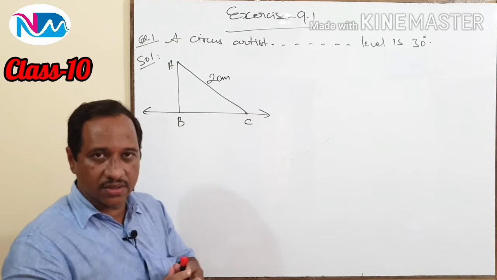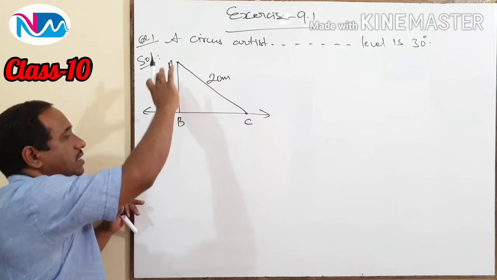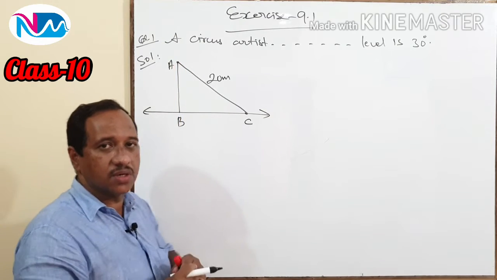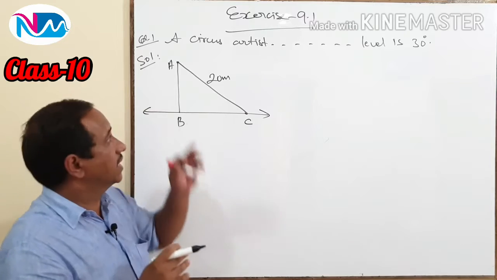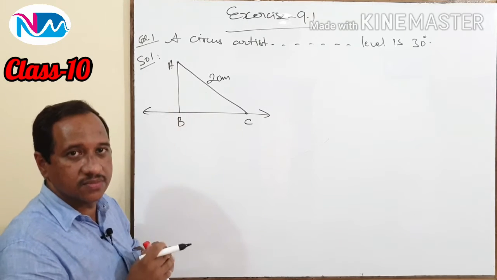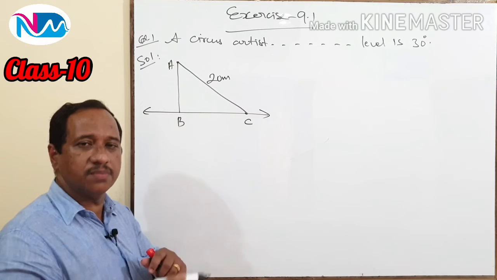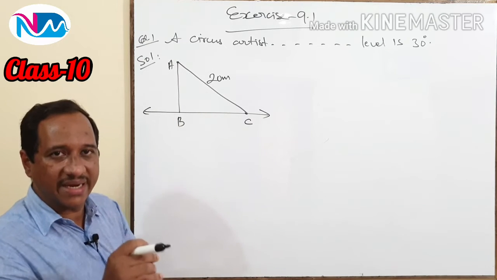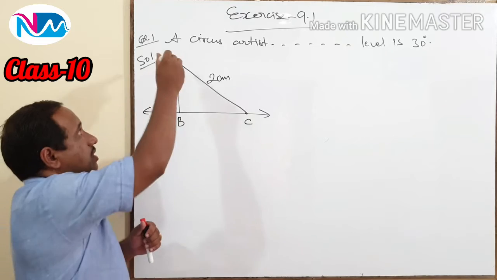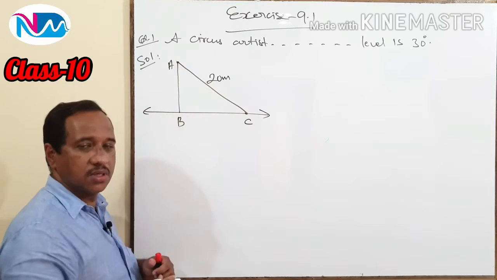So according to the question, here AB represents the height of the vertical pole in which A is the top and B is the foot. C is the point to which the 20-meter long rope is tied tightly from the top of the pole.